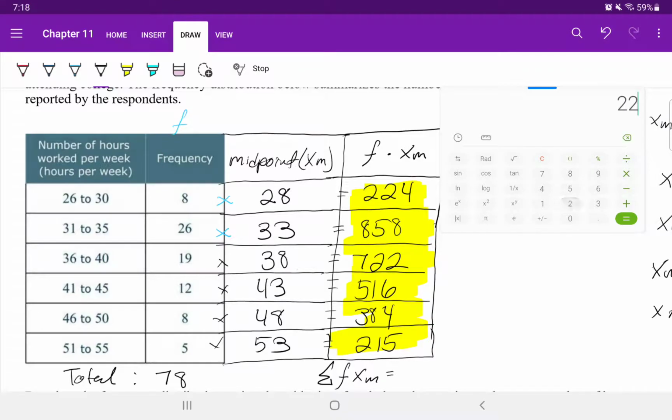So that's going to be 224 plus 858 plus 722 plus 516 plus 384 plus 215. Make sure that's correct. So that's going to be 2,919.